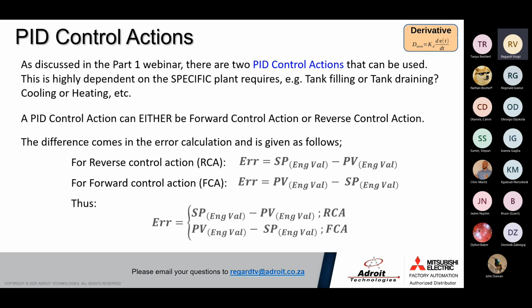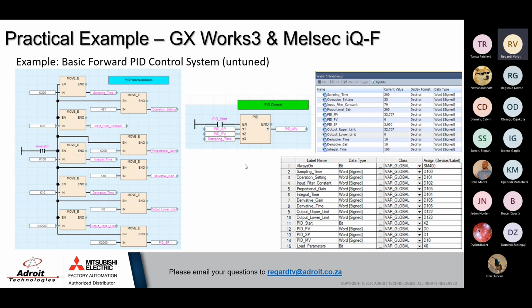But theoretically, the correct way to do this would be to take into account your PID control actions. This is how the formula inside of the PID control will change based on your selection. So you can have a negative error or a positive error. Okay, so we'll have a quick demonstration on how to configure a simple PID control system.